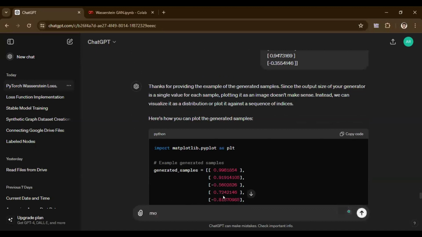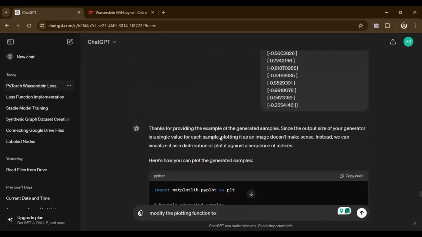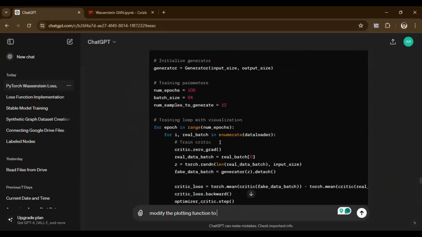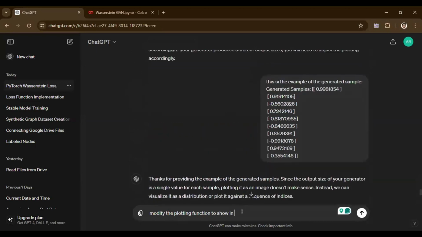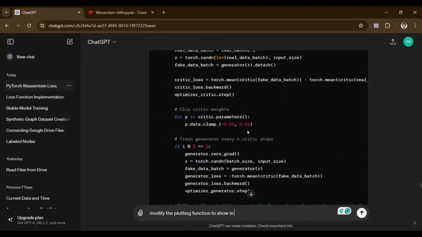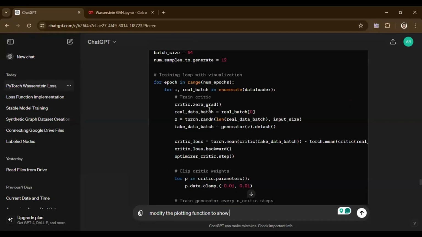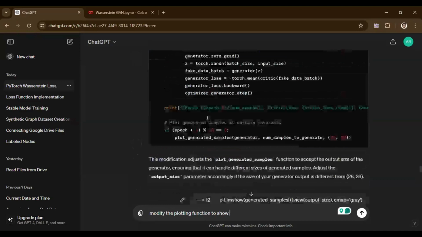Let's ask it to modify the plotting function to show, what can I say, modify the plotting function to show, what did we do before?